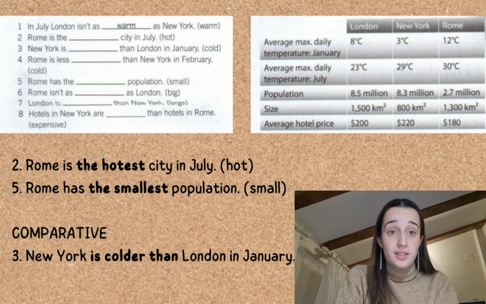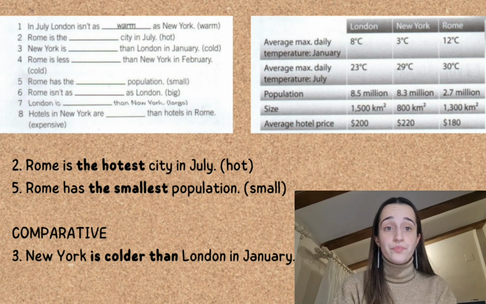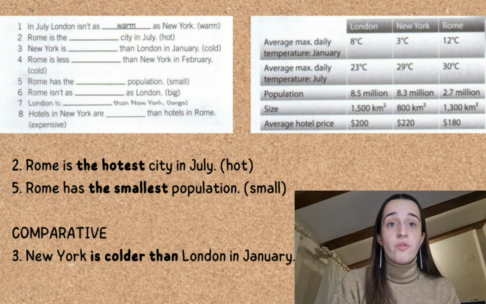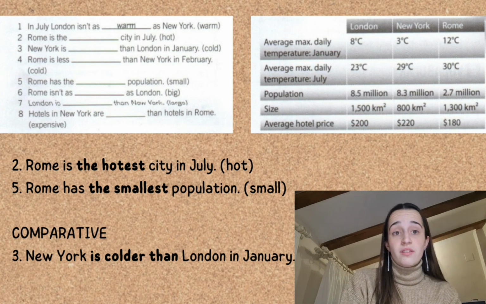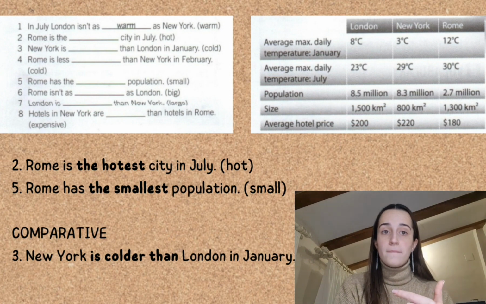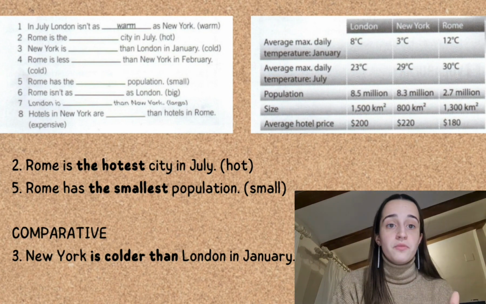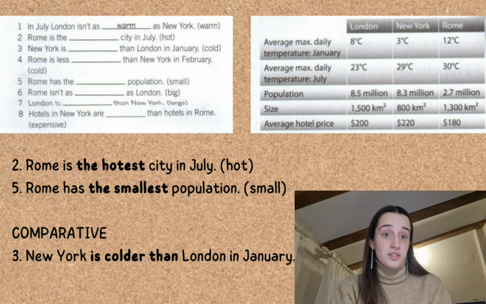Okay, sentence 5. Rome has the smallest population because the population of Rome is 2.7 and London and New York have more than 8. For example, London 8.5 and New York 8.3.